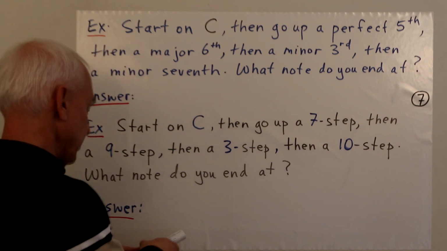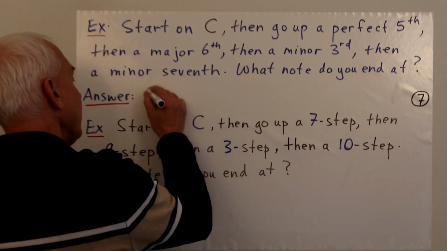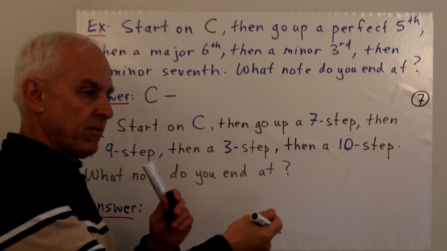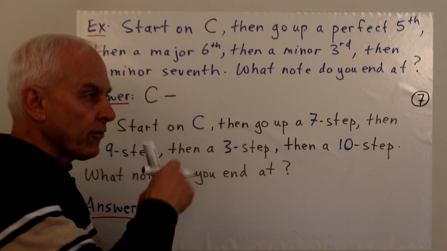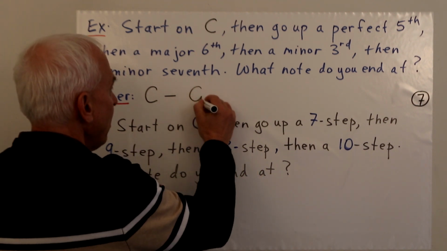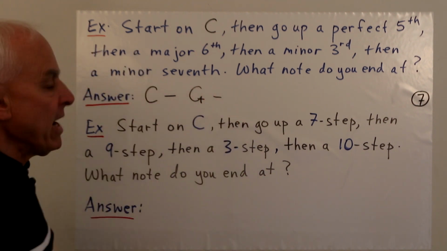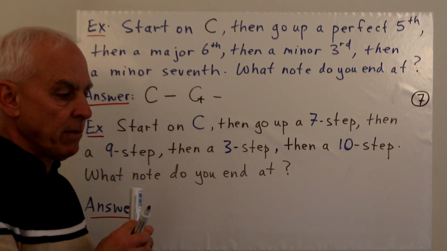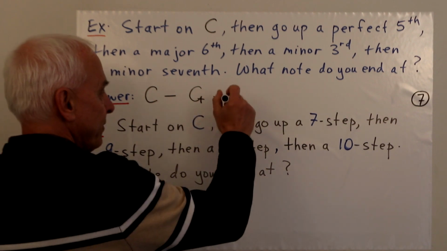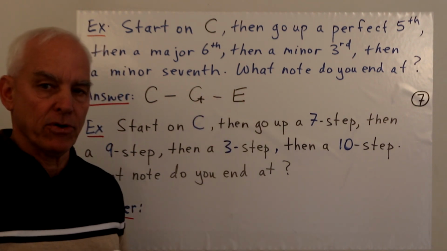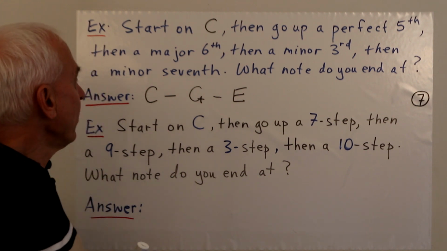Okay, so let's write down the answer. So we're starting with C, and then what do we go to? We're going up a perfect fifth. So you have to kind of know the intervals. So C, perfect fifth, that's up to G. And then we're going up a major sixth. From G, a major sixth is E. And then we're going up a minor third.